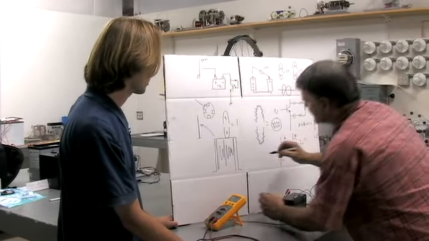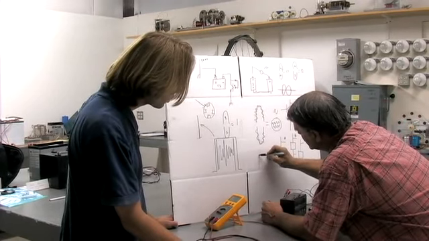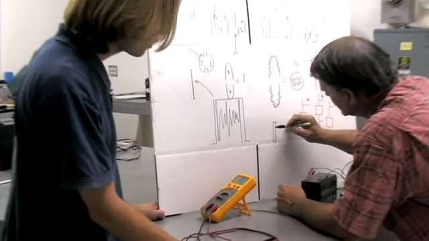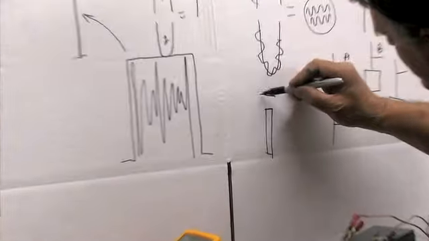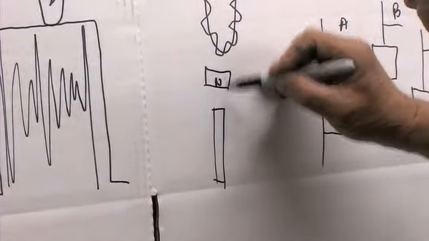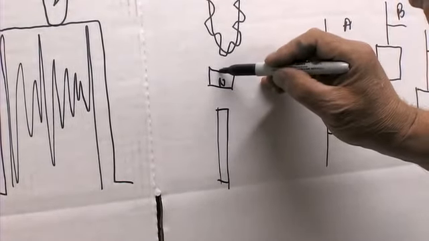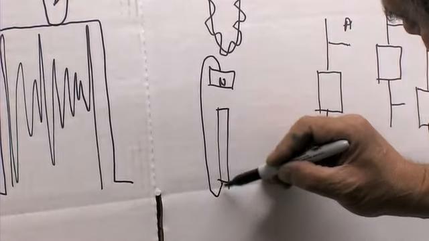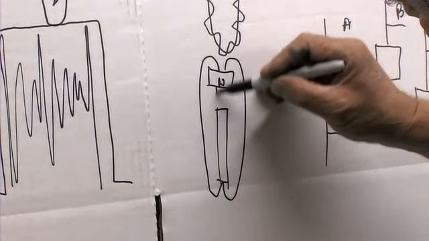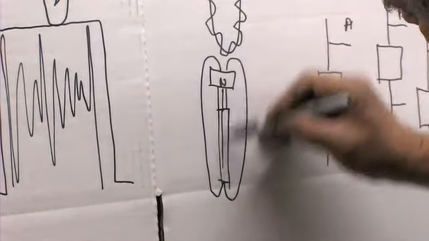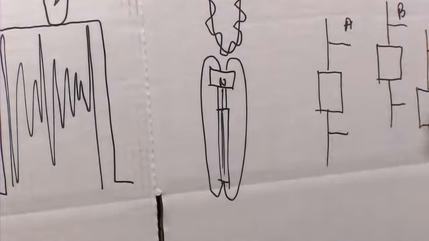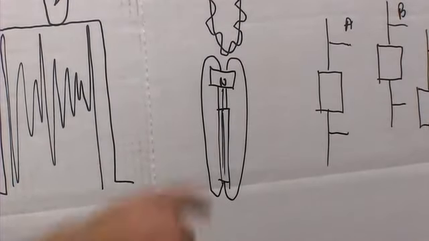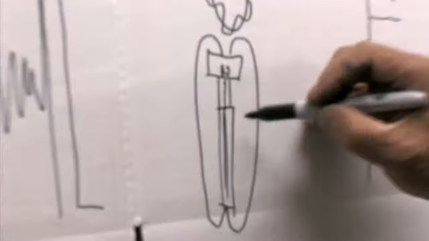So what happens is the magnet comes by, and this field actually couples like this. And this becomes energized. And this is the core of the coil.